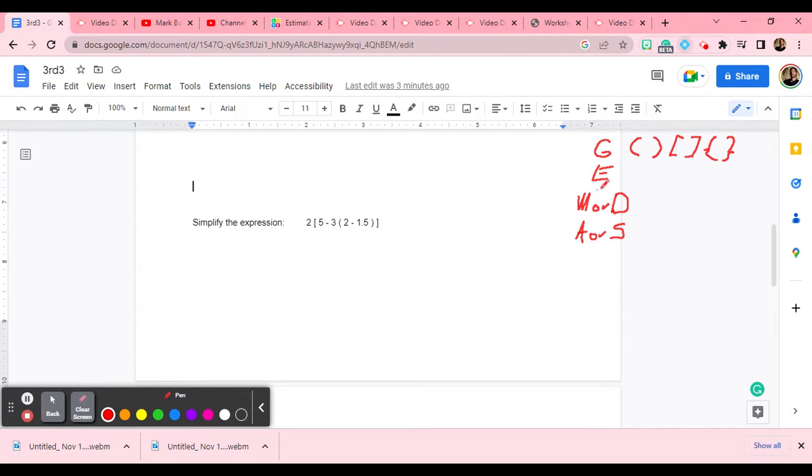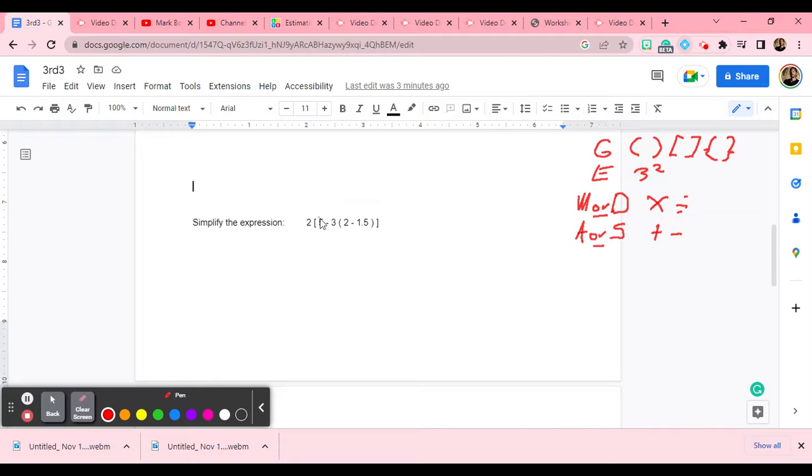Then exponents, which is like 3 to the second power, but we're not doing exponents in 5th grade. The M or D is multiply or divide, whichever comes first. Then add or subtract, whichever comes first, meaning left to right.